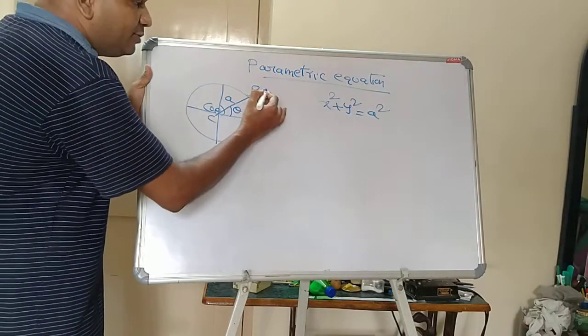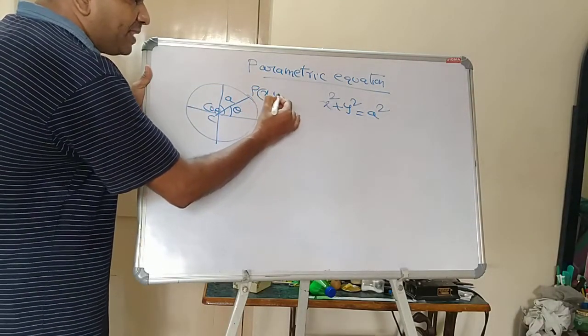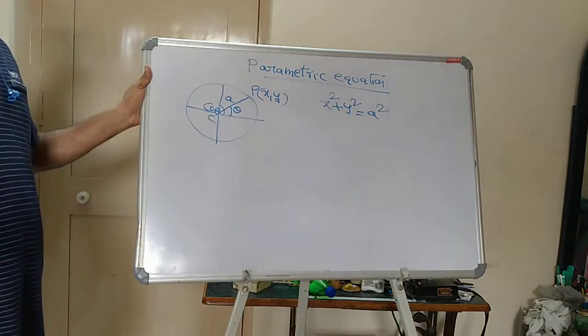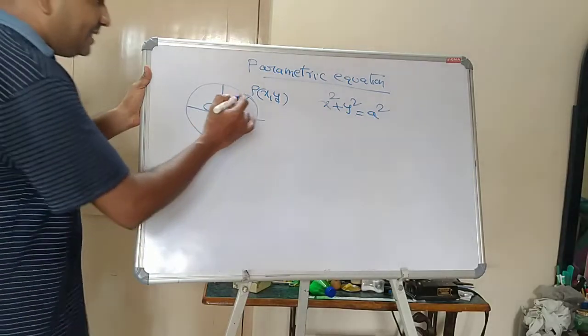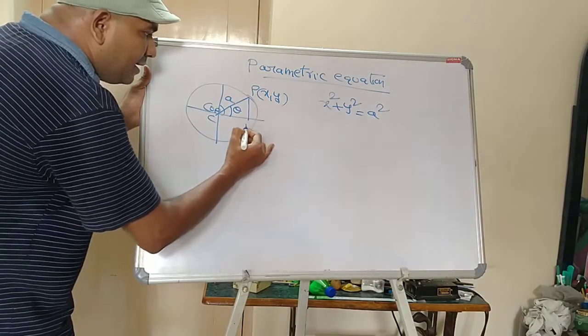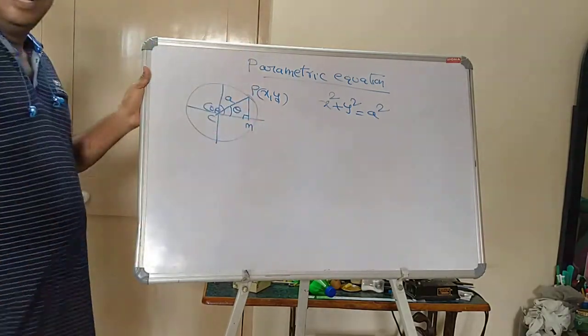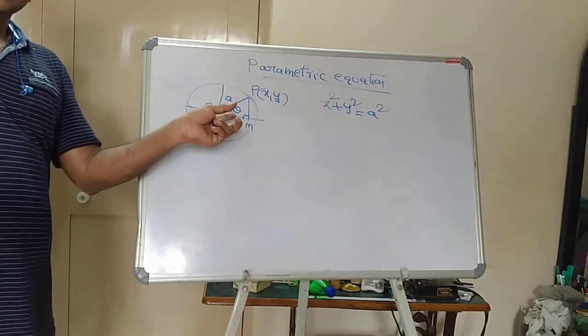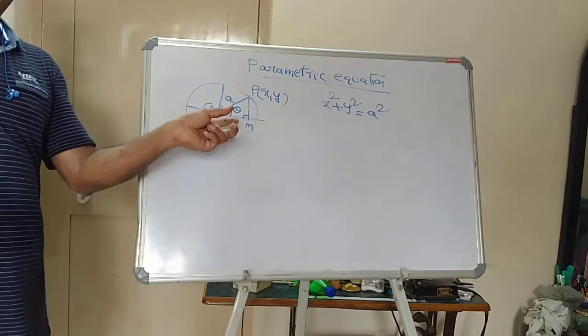Take P equal to (x, y) and PM is the perpendicular from P to the x-axis. Now from this diagram apply sin theta and cos theta.